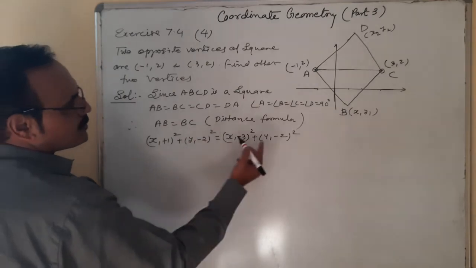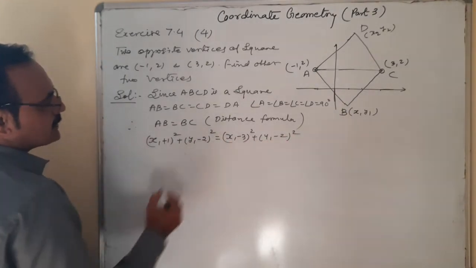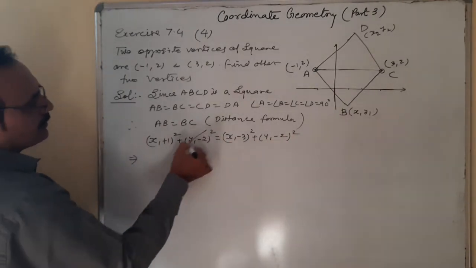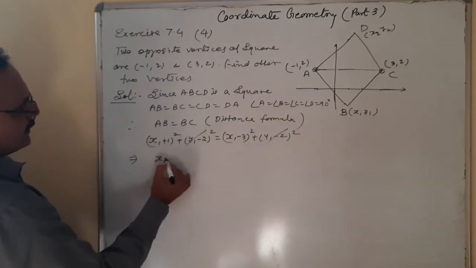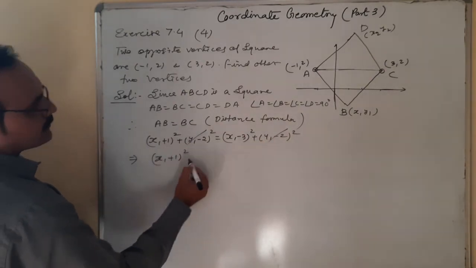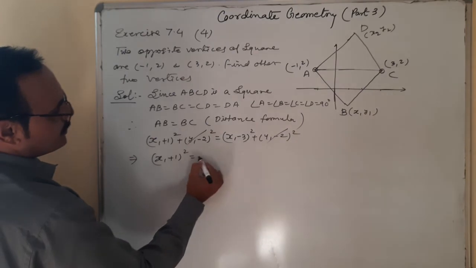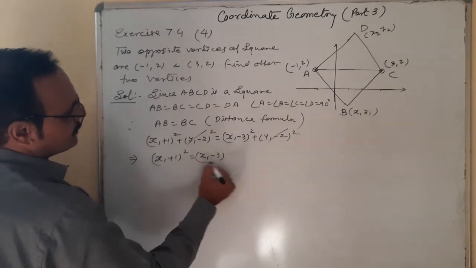(y1 minus 2) whole square on both sides will be cancelled. What is left? (x1 plus 1) whole square is equal to (x1 minus 3) whole square.